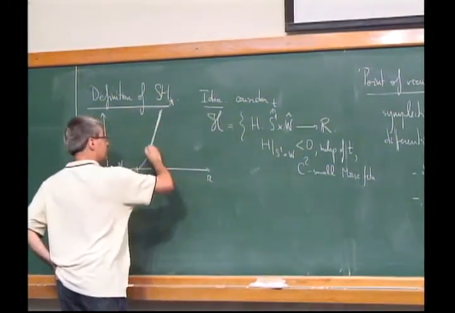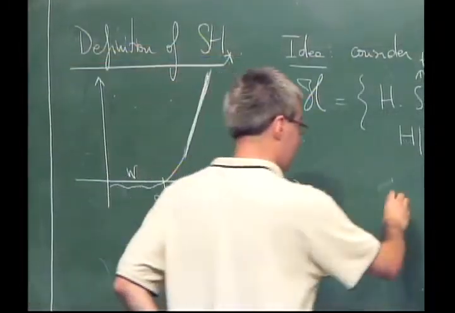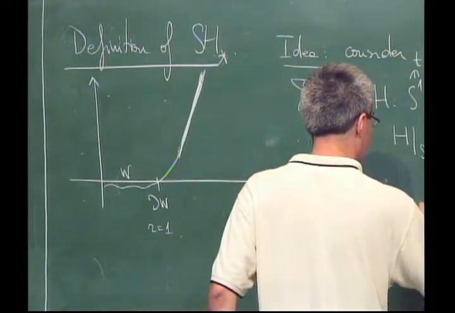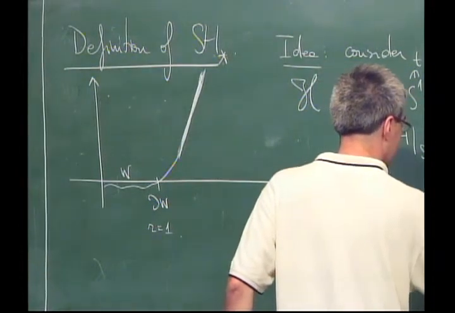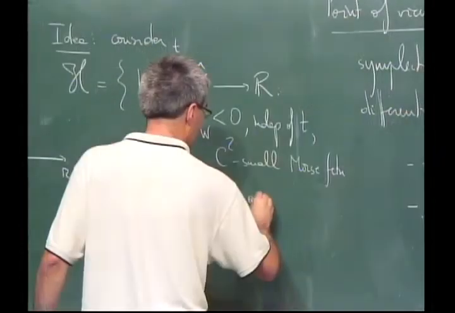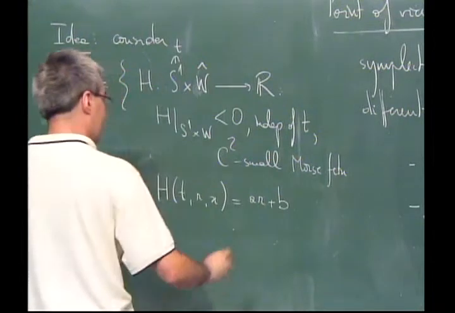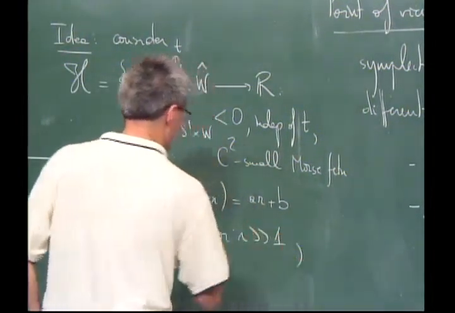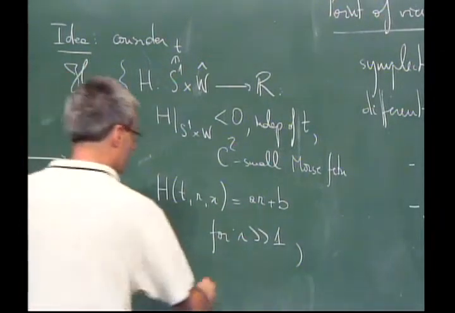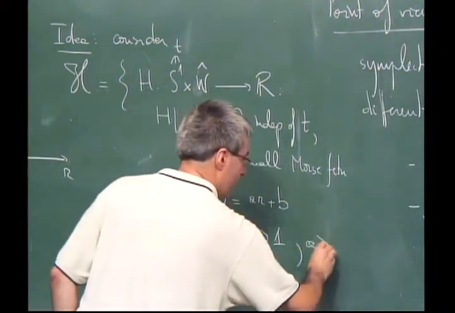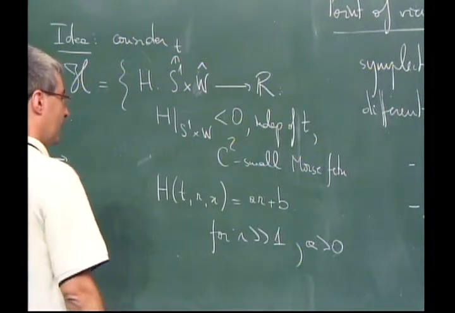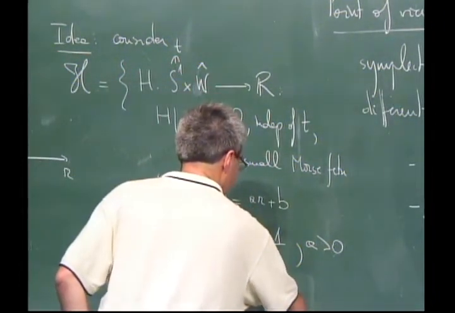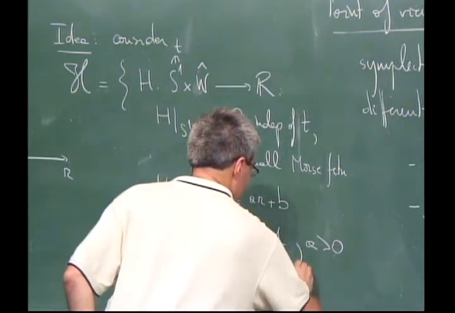Let me include this here, which means that H of T, R, X is, say, some AR plus B for R large enough, with A positive, and A different from the period of a closed characteristic.